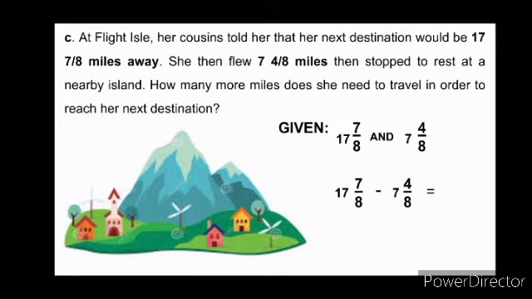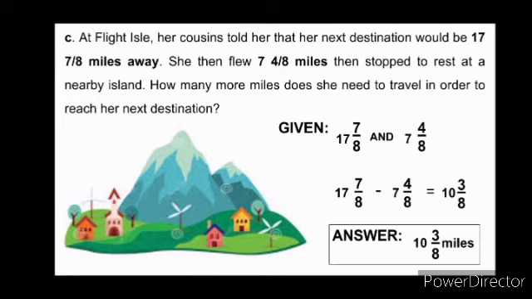So we have here the whole numbers, 17 minus 7 is equal to 10. Now we're just gonna copy the denominator. What we have left here is the numerators, which is 7 minus 4 is equal to 3. And then our final answer would be 10 and 3/8 miles. So Hannah needs to travel 10 and 3/8 miles to reach her next destination.